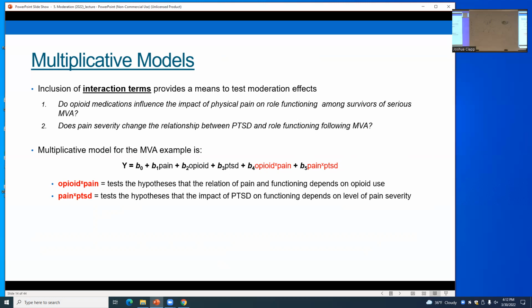It's going to say, does whether or not people are taking opiate medications change how pain severity is related to functioning, right? Or pain times PTSD. This is testing the hypothesis that the impact of PTSD on functioning differs based on pain severity, right?